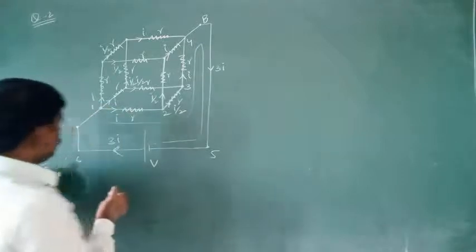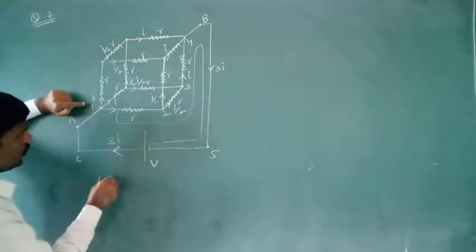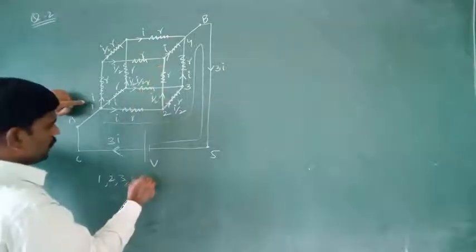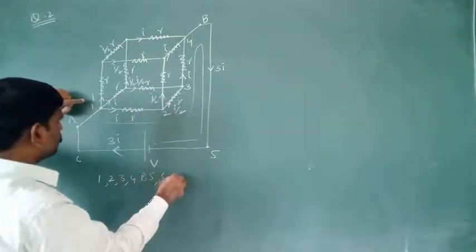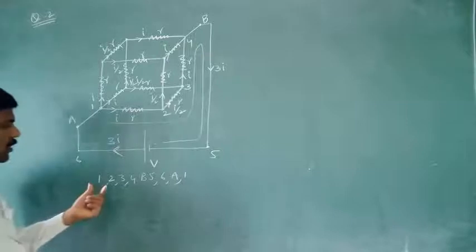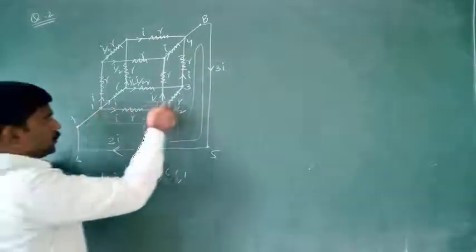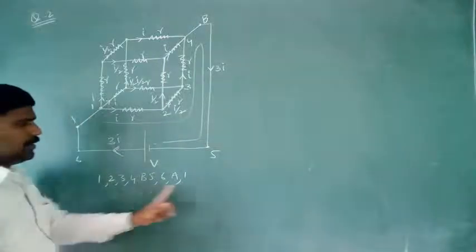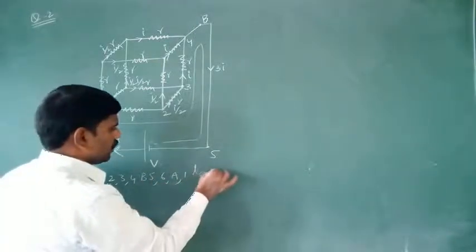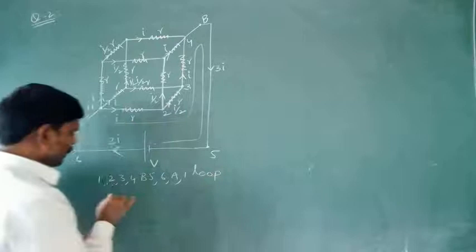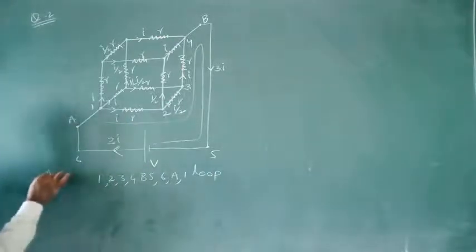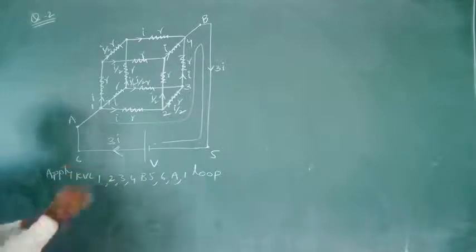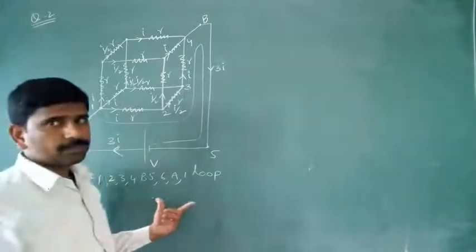That means for the loop 1, 2, 3, 4, B, 5, 6, A, 1, for this loop we apply the Kirchhoff voltage law.